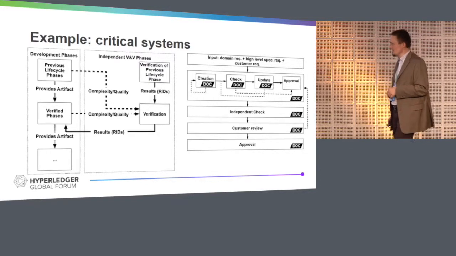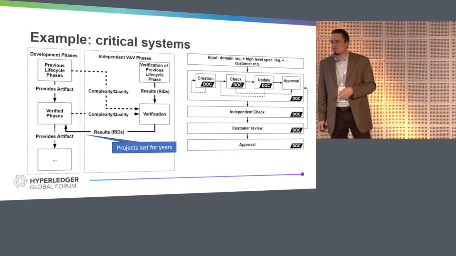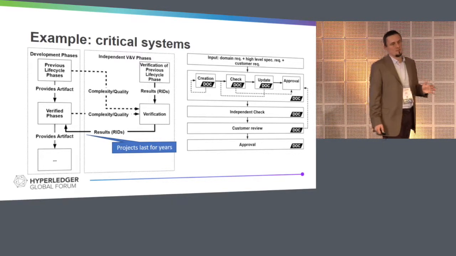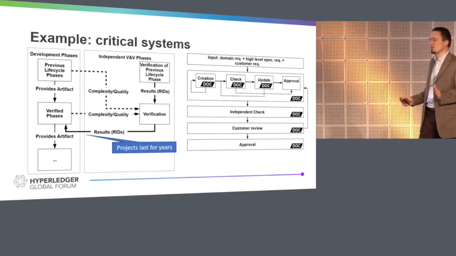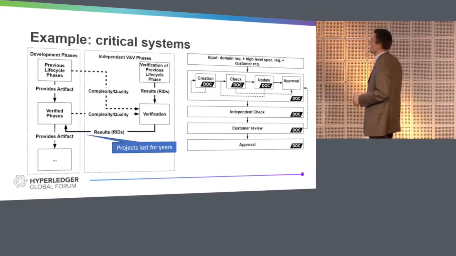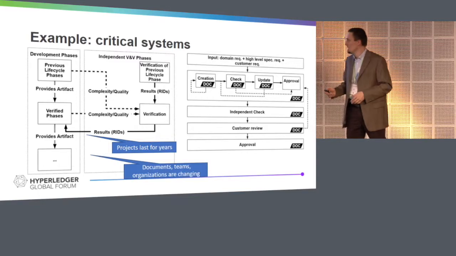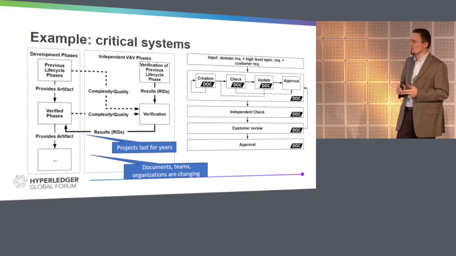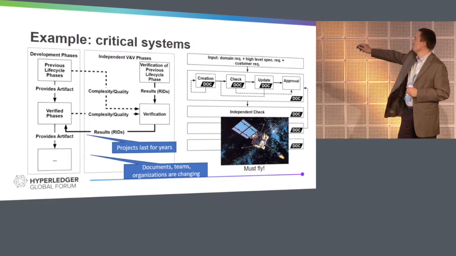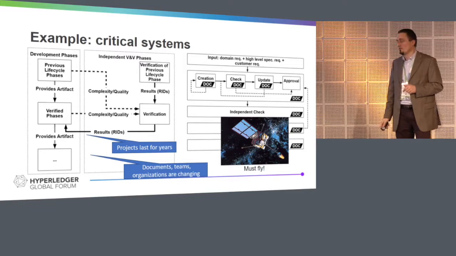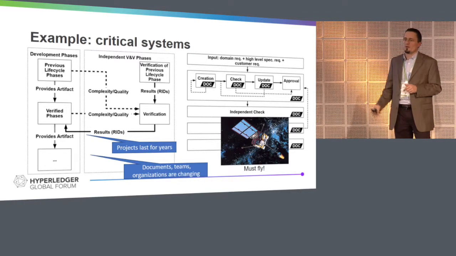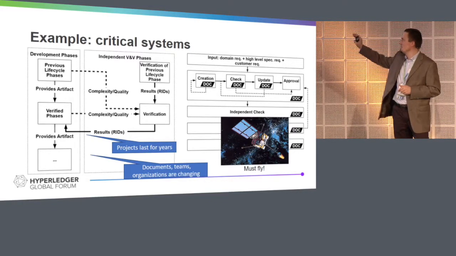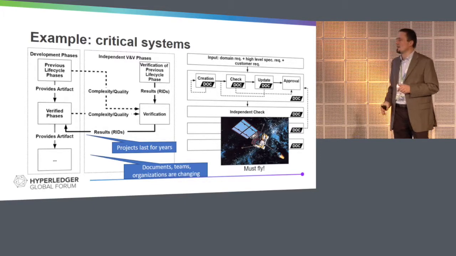Okay, what are the challenges here? These projects are very long projects. A 2 or 3 year project is very short term. The typical term is 5 to 6 years or even more. During this time, documents will change, teams will change, organizations will change, and still one has to guarantee that these things would be flying, and also, if something is wrong, we have to be able to trace it back.